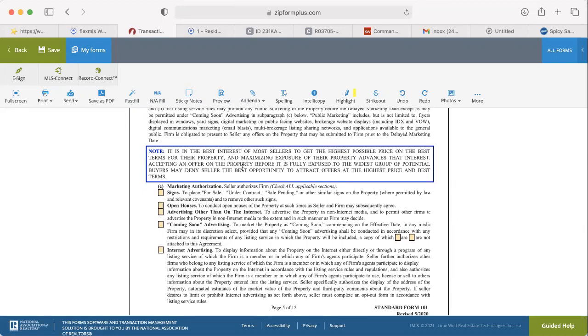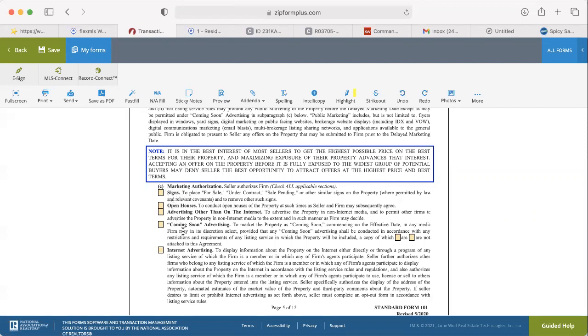Accepting an offer on the property before it's fully exposed to the widest group of potential buyers may deny the seller the best opportunity to attract offers at the highest price and best terms. So this is telling the seller, don't take the first offer that comes along without it being marketed through the MLS and these other syndicated websites, because you might get something better.